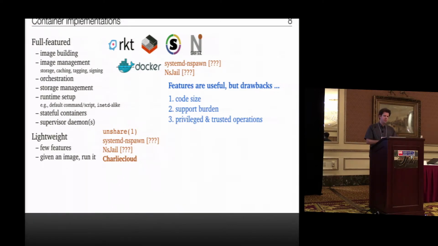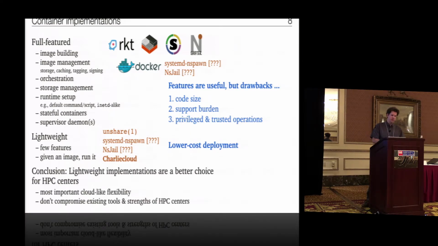And you'll see that systemd and nspawn appear in both places, and we're not quite sure if they fall entirely in one category or not. And then CharlieCloud is our solution. And basically the advantage here is this is a lower cost deployment, in our opinion, significantly so. So what we believe is that lightweight implementations are a better choice for HPC centers. They capture the most important parts of cloud flexibility, but they don't compromise the existing tools and strengths of HPC centers.